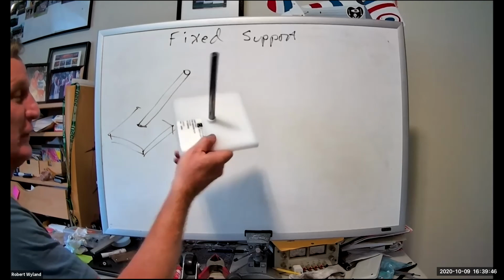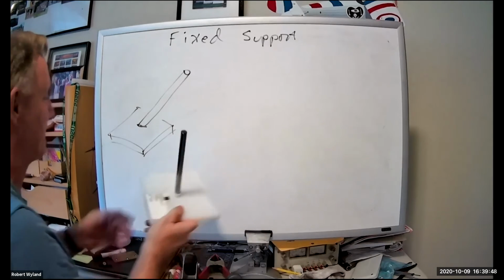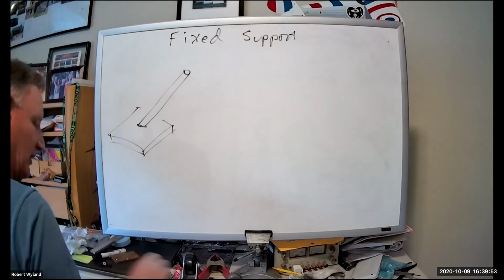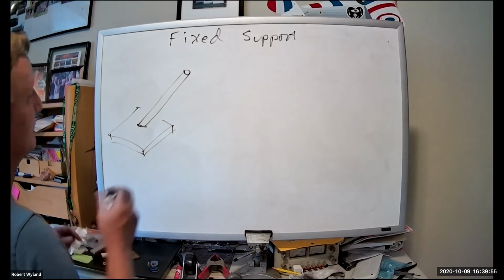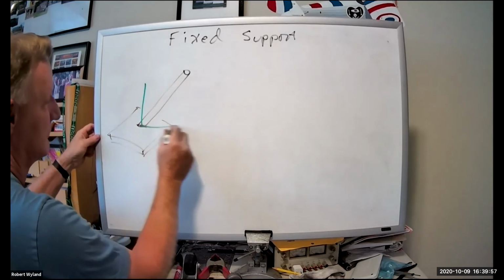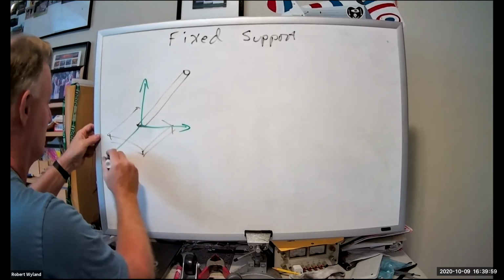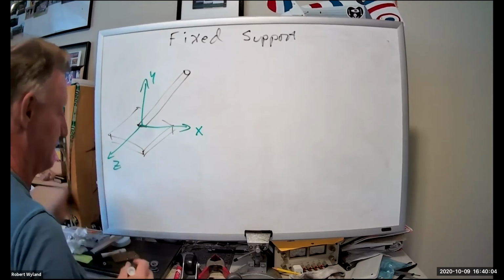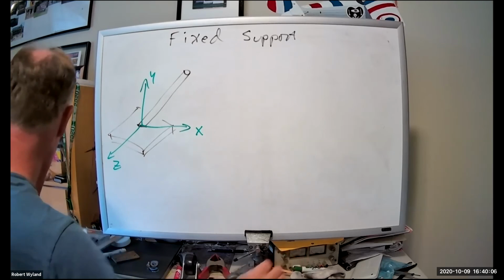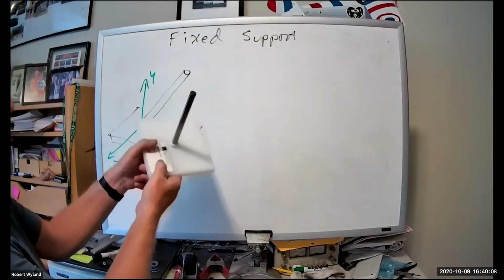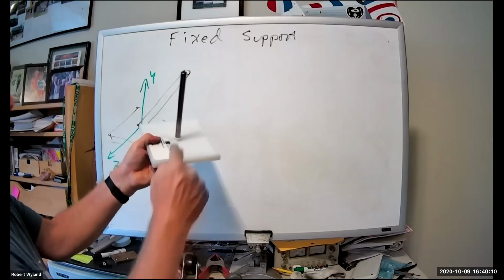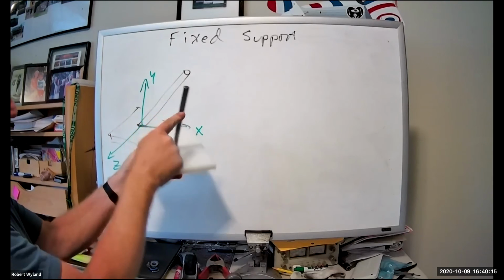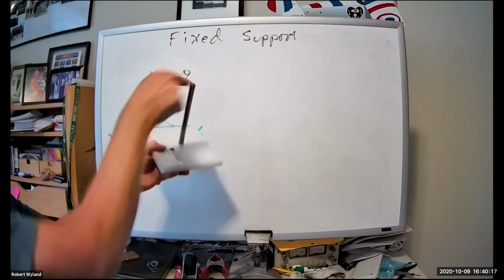We're back to this. So we're looking at this in 3 dimensions. Let's define our directions. If we're looking at this, it doesn't really matter if we push in the X or the Y or the Z, it resists in all directions.